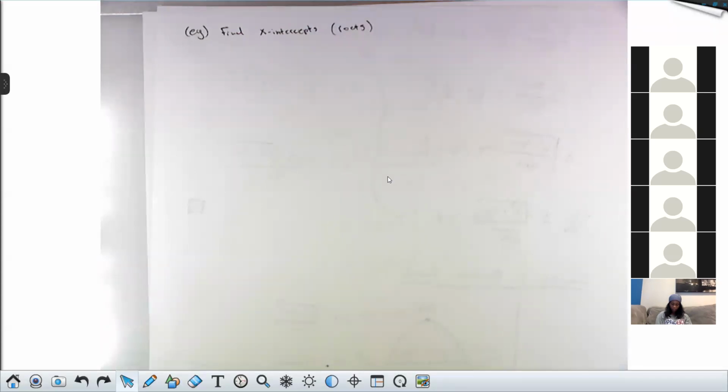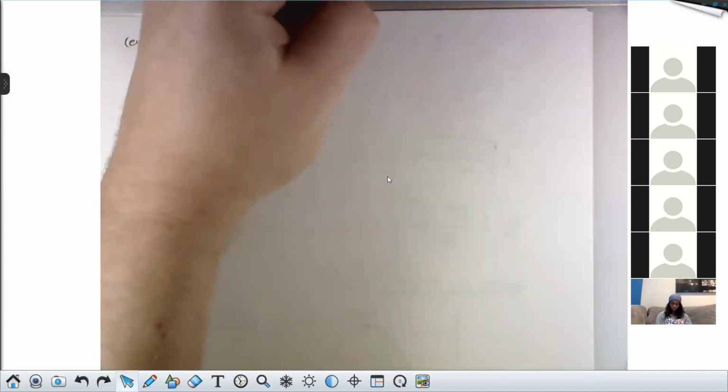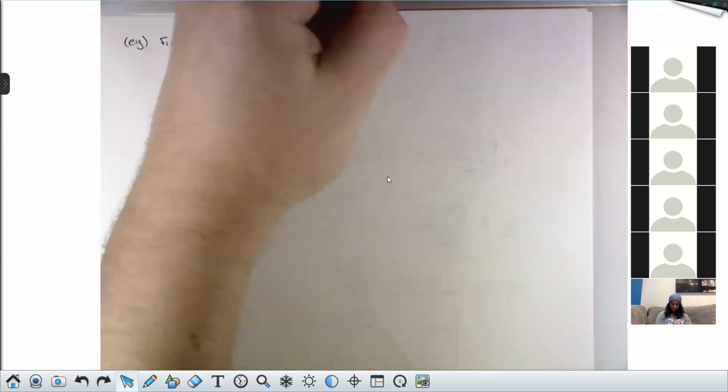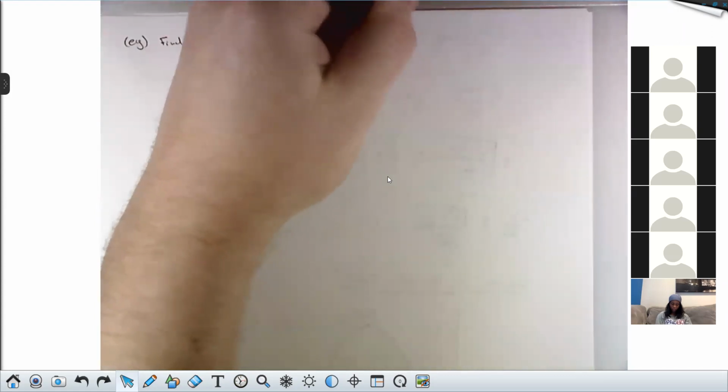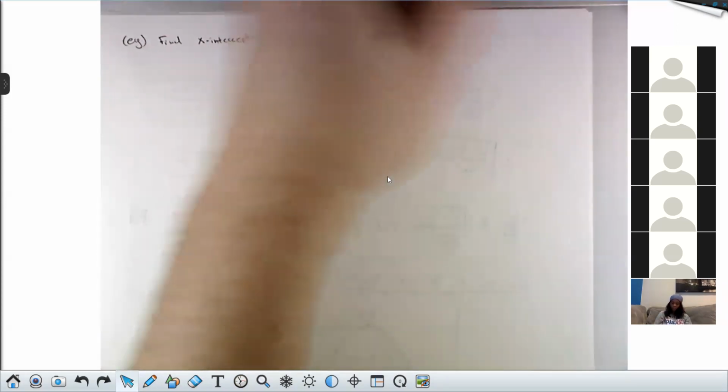Okay, so let's find the roots or x-intercepts for a couple of these guys. How about f of x equals 3x squared plus 5x minus 2.